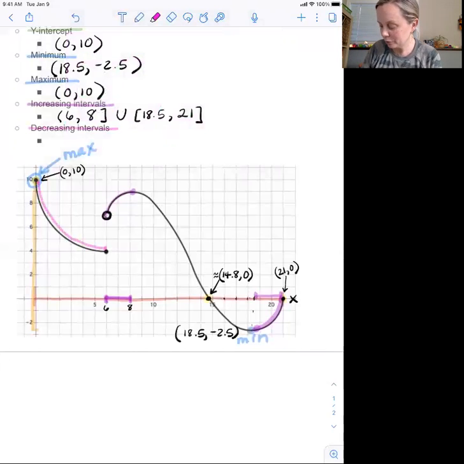So we've got a decreasing interval from, let's see, from 0 up to 6. Okay, so that's one decreasing interval. In fact, we could label these. Here was a minus. I'll go back to the purple real quick. I just like to mark up my graphs. It helps me go back, especially when it's color coded. I can see what's happening there.